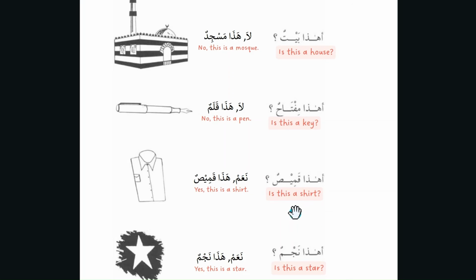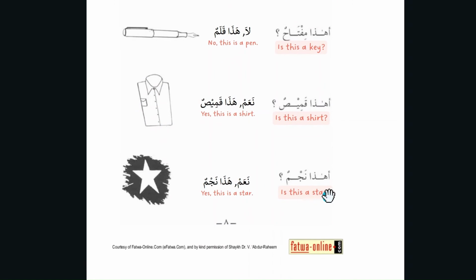Ahadha qamisun? Is this a shirt? Naam. Hadha qamisun. Yes, this is a shirt. Ahadha najmun? Is this a star? Naam. Hadha najmun. Yes, this is a star.